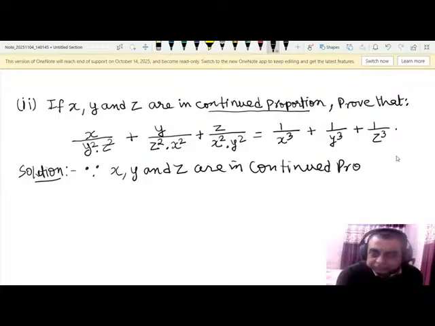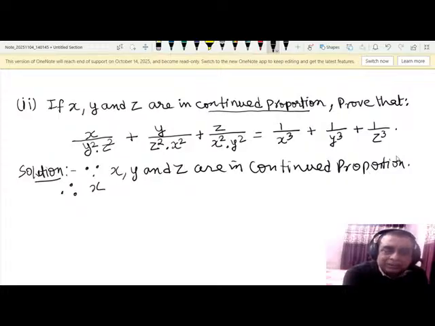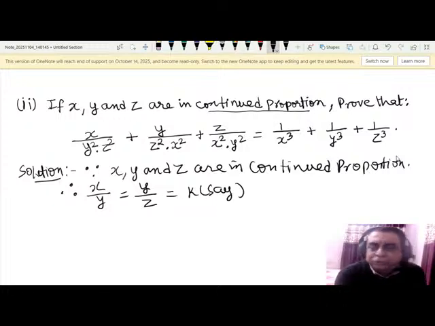It means x divided by y is the same as y divided by z, which is equal to k. When it is told continued proportion, it means the first term divided by the second term is the same as the second term divided by the third term, which we have taken as k.